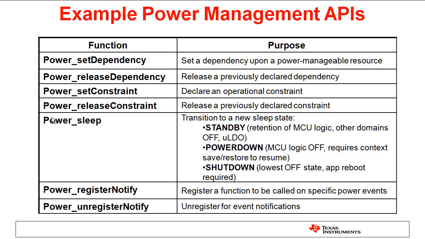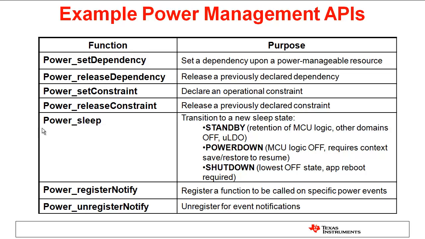When we do the save, we do the restore on power up, and we bring them back in. That enables a lower amount of power to be consumed. And finally, we have a full shutdown, when you're simply shutting the whole device down and rebooting.